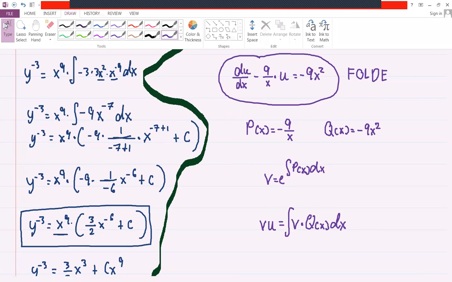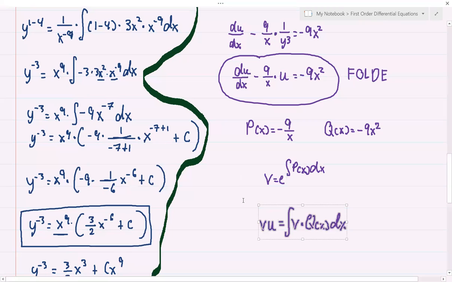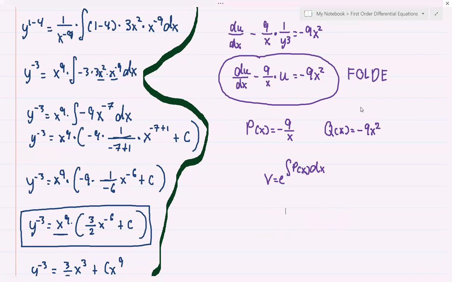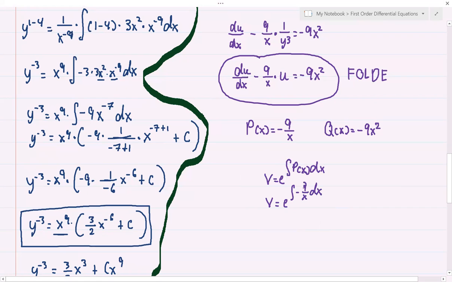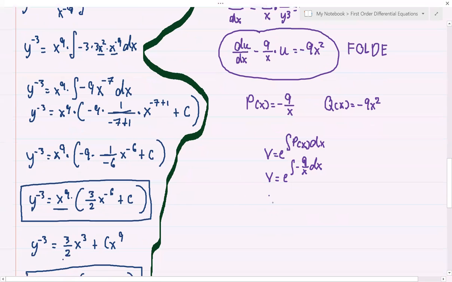Okay? So let's start first with your integrating factor. So let's find it. So we will have v is equal to e raised to the integral of p of x, which is negative 9 all over x. So the integral of negative 9 all over x is negative 9 ln of x.